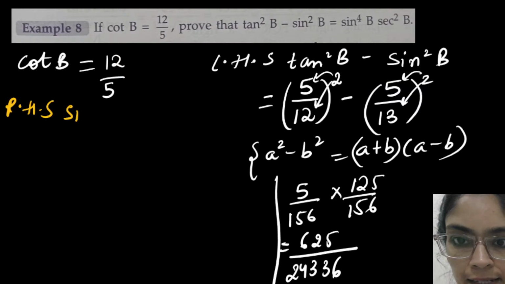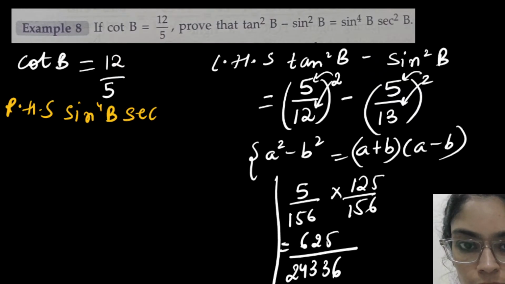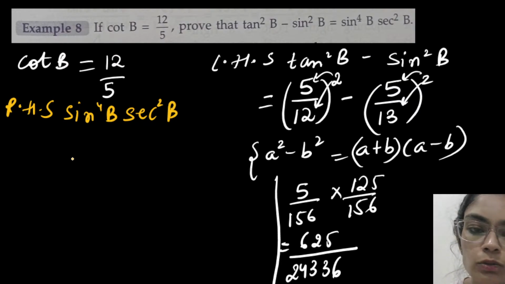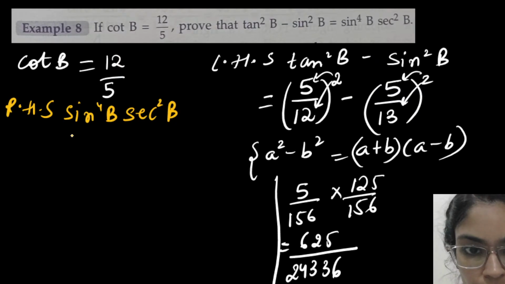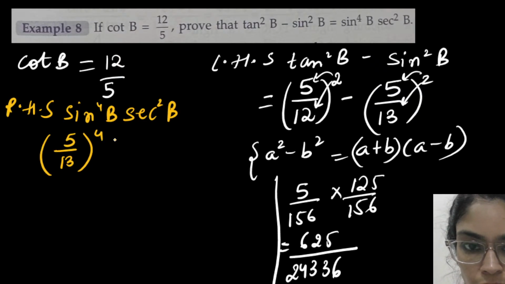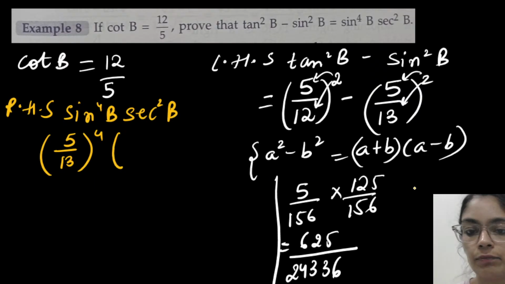See, right hand side is sine to the power 4 b secant square b. So sine's value we already know, we found in the previous part also. So sine b is 5 by 13, 5 by 13 whole power 4. Secant's value we have to find. So what is secant's formula?